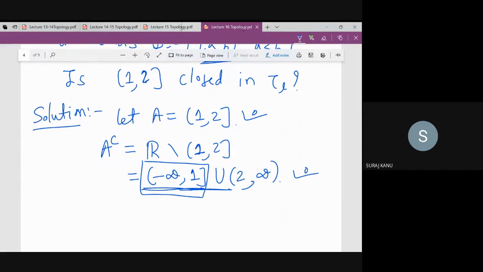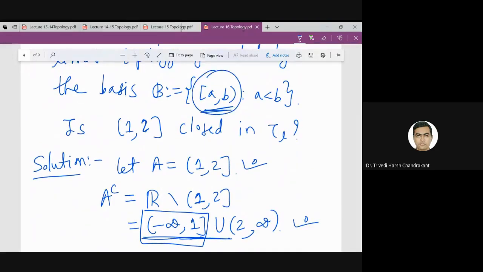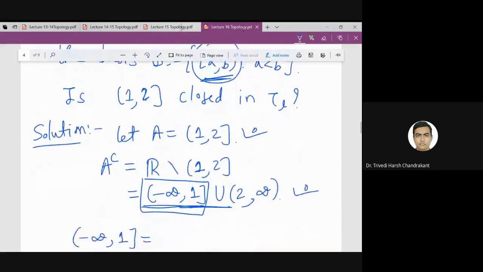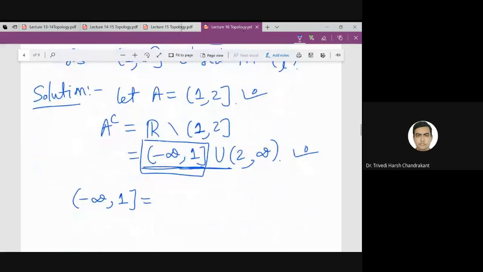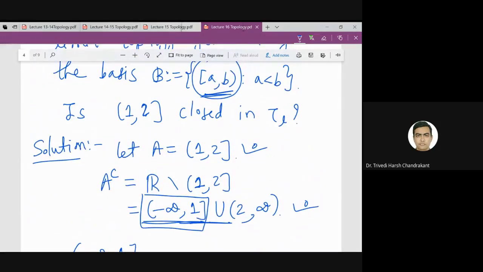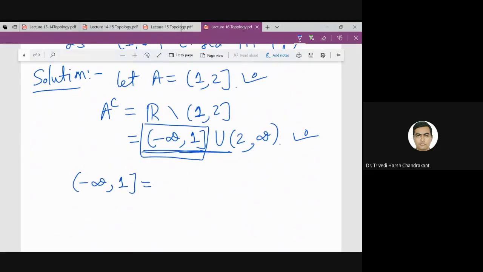So what I'm asking is, can we write this set as a union of basis elements? Yes, what you are suggesting is correct. Because on the right hand we have open intervals, we have to take exactly the sequence idea. So you are suggesting we can write this as a union, n from 1 to infinity.